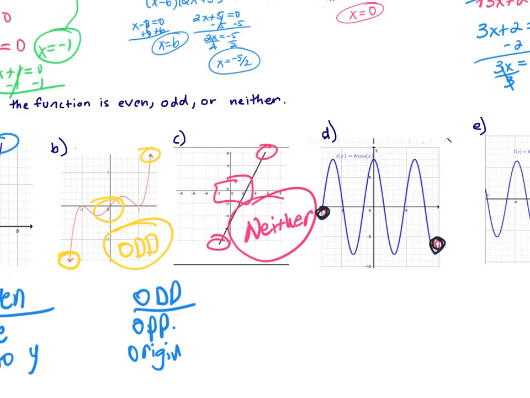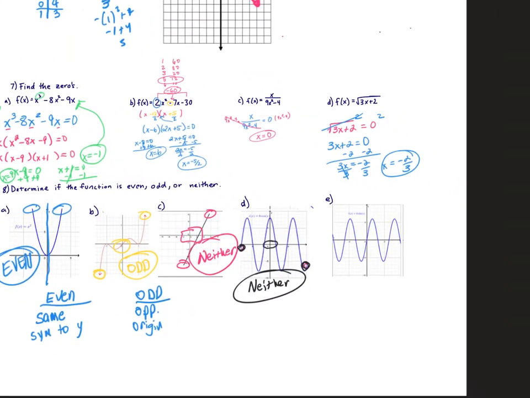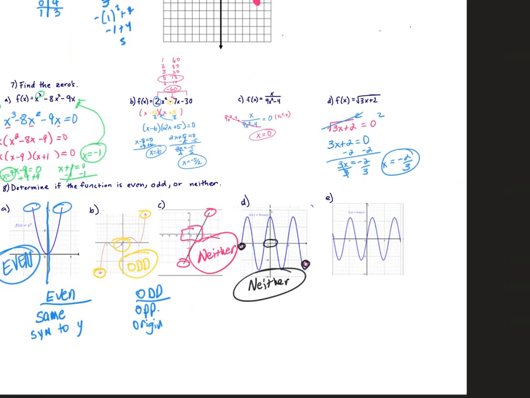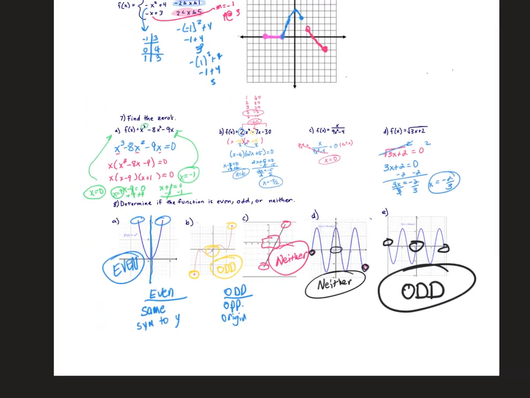Does it go through the origin? No. So it's neither. Good. We like these. It's odd. Look at the arrows. They're opposite. Does it go through the origin? Yes. So it's odd. Good job, guys.